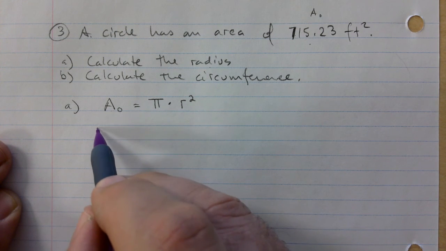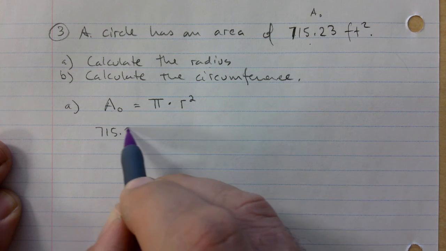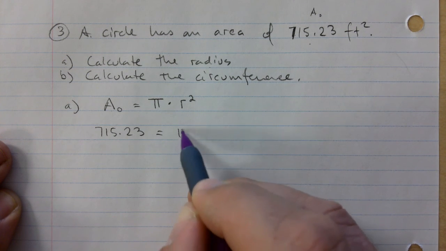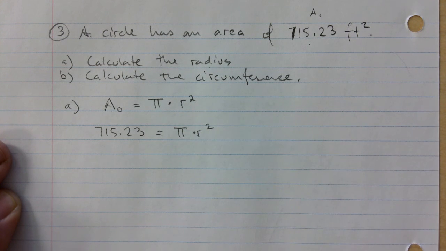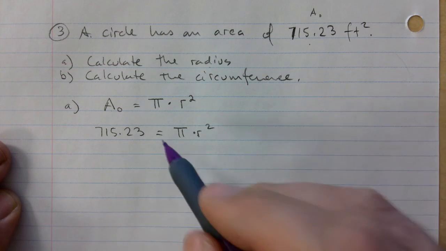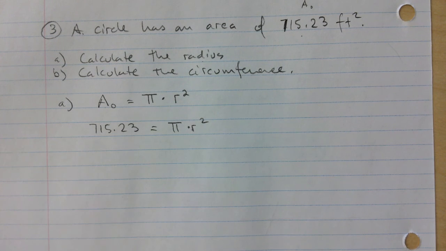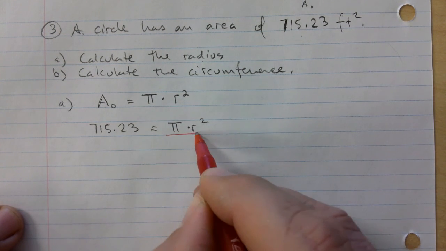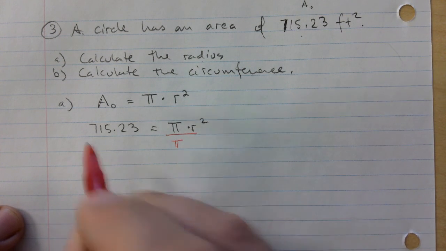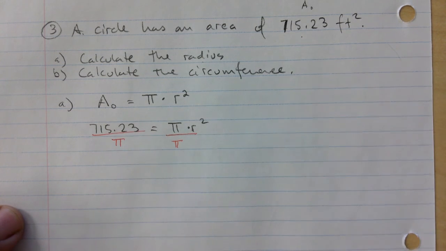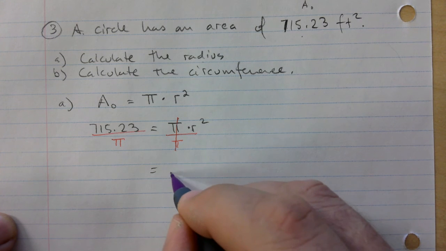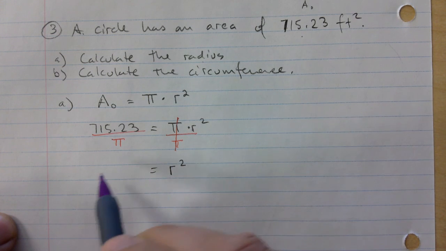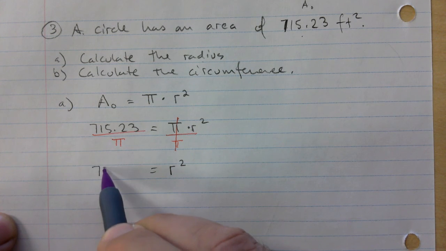So we substitute that in. 715.23 equals pi times radius squared. What is pi? Pi is just a number. So we're going to get rid of it, dividing both sides by pi, canceling that out. You're left with r squared, and this is 715.